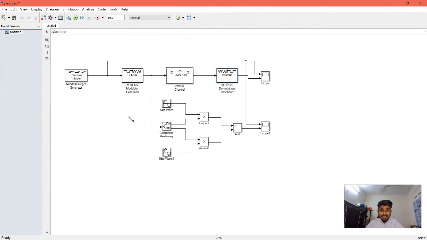Well, this is the Simulink model that has been designed for this project by using several blocks. Firstly is the random integer generator block, which will generate a random input as the message signal. Next is the DBPSK block, also known as Differential Binary Phase Shift Keying block, to modulate the message signal with carrier signal.